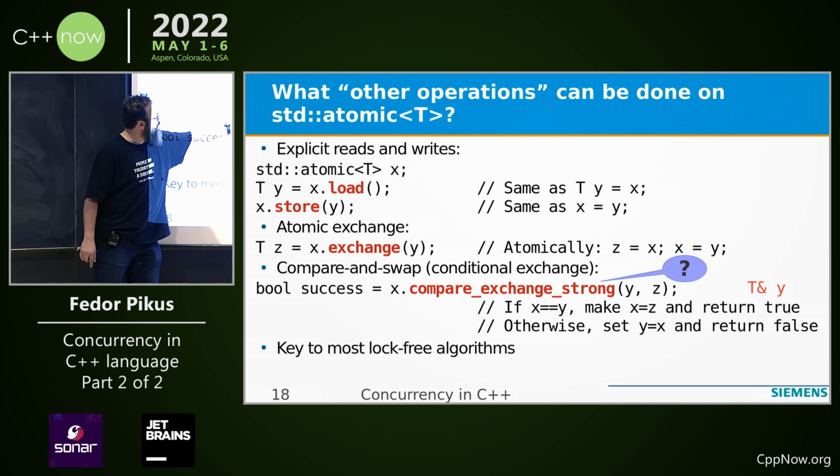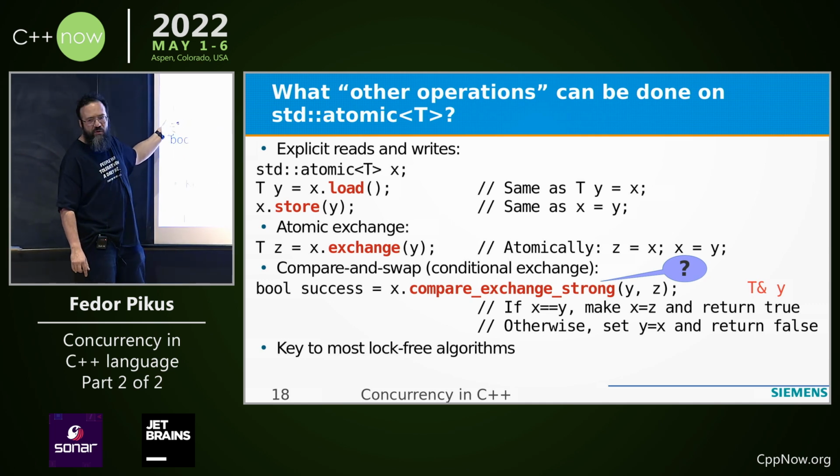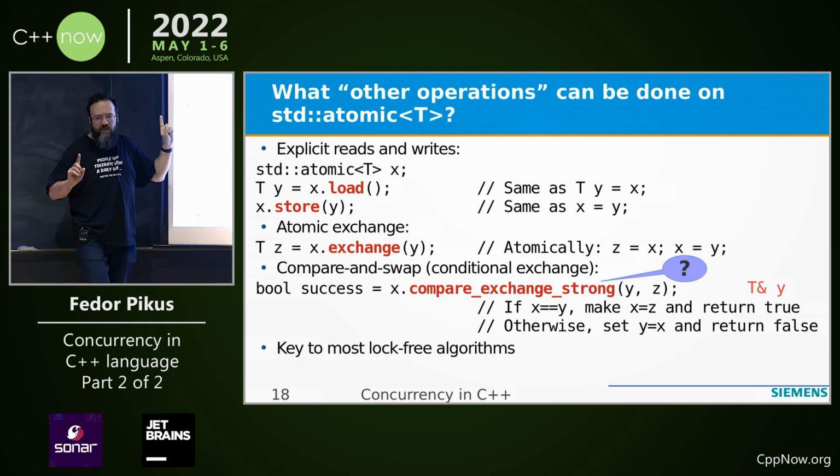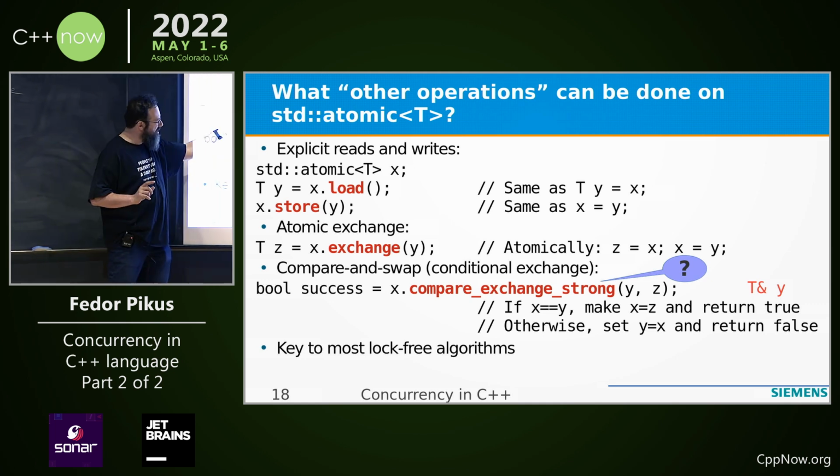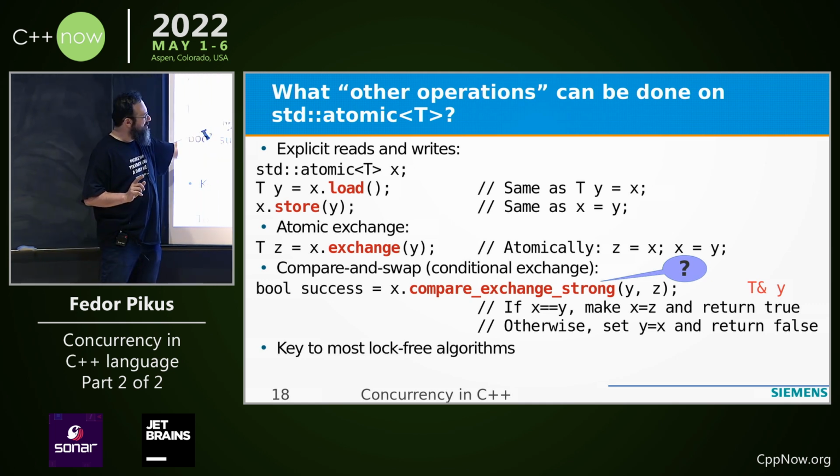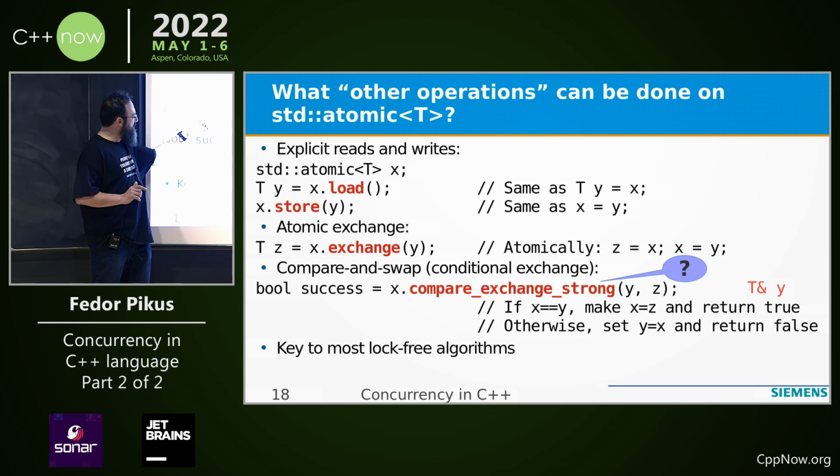X becomes Y. The old value of X is returned atomically, which means if another thread comes in and tries to change X at the same time, this transaction cannot be interrupted. Whatever, after you exchange, of course, another thread can overwrite your Y, but not during the exchange.